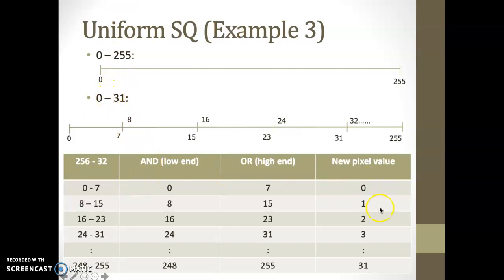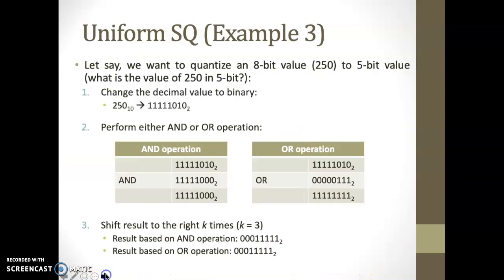Next, let's go on to the example. If you want to quantize 8 bits to 5 bits, what is the new value of gray level 250?